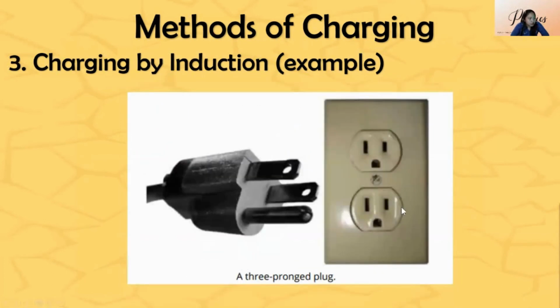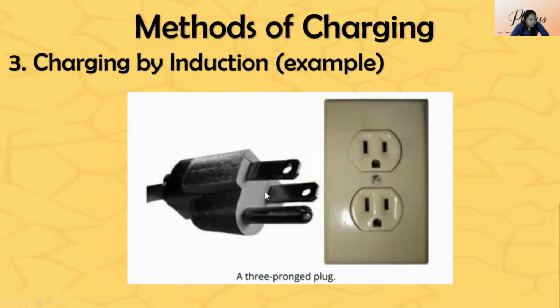Okay, it's actually similar to the idea used by this three-pronged plug. There are actually three wires inside. One is a hot wire, the other one is a neutral wire.